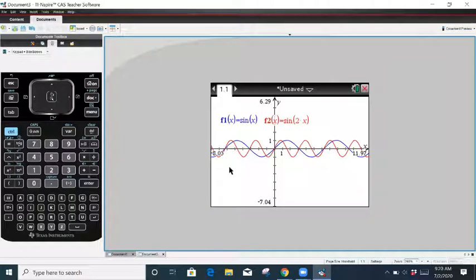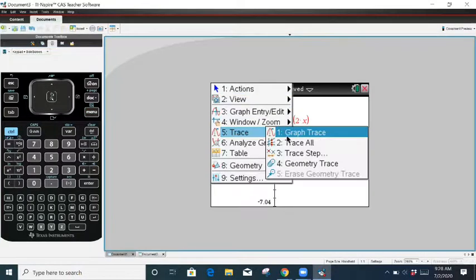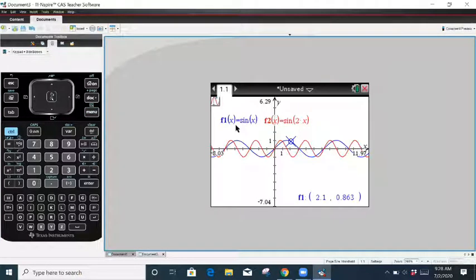If we think of 0 to 360 as one set of angles, and every angle after that is coterminal to that set, then when we go to menu, trace, graph trace, and plug in just pi, we see that is where the red graph finishes one full period.